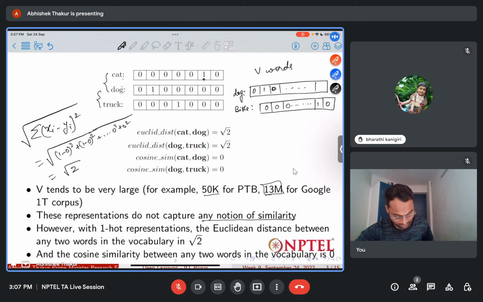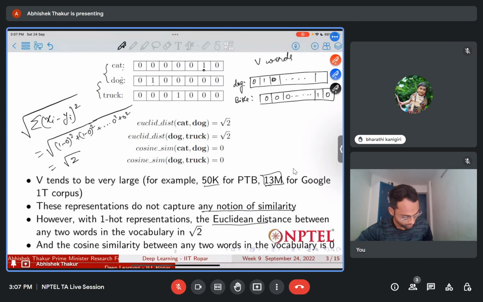So the Euclidean distance between any two words in the vocabulary will be root 2 only. And the cosine similarity between any two words in the vocabulary is 0, because the value 1 will not be at the same position in any two words.